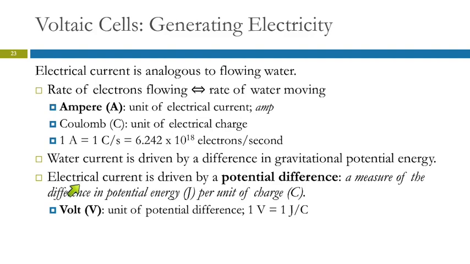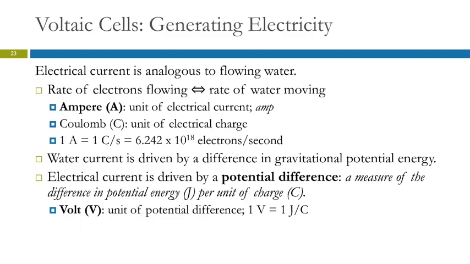Electrical current is also driven by potential difference, but it's not gravitational potential. It's electrical potential. So the potential difference is a measure of the difference in potential energy per unit of charge. So how many joules per coulomb? That's measured with volts, and that's another unit you're probably familiar with because, what kind of batteries do you need?